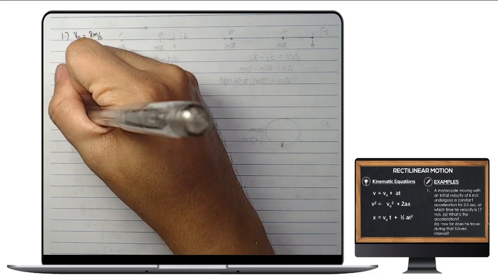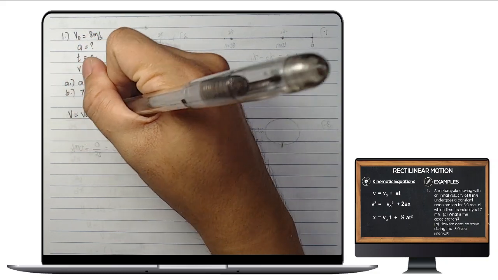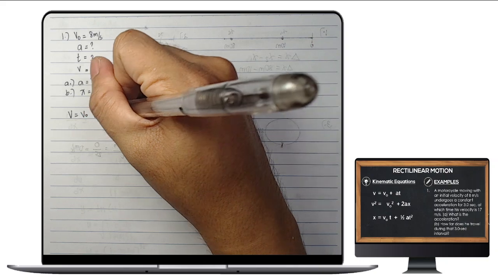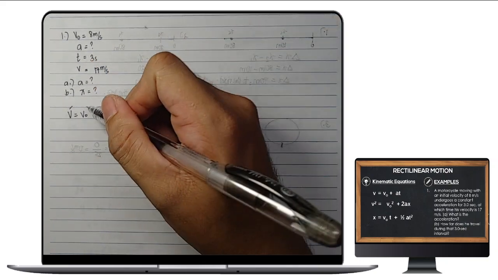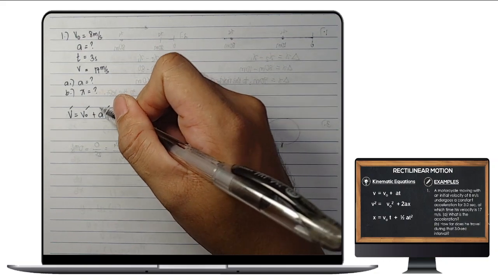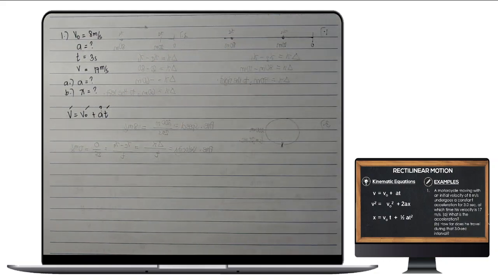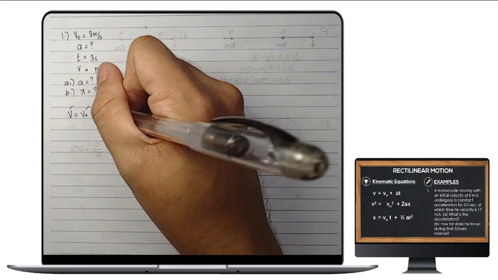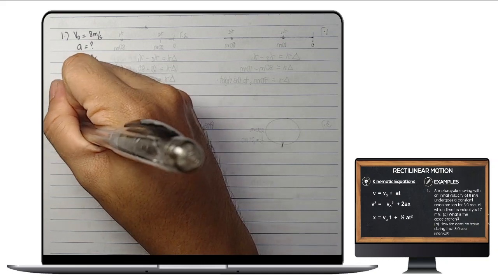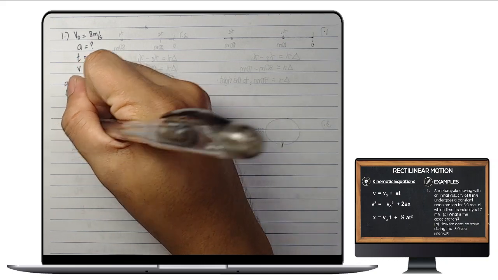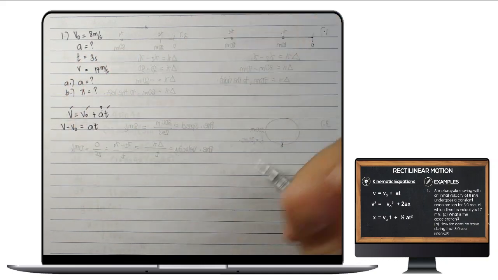We have V is equal to V sub O plus acceleration times time. We have the final velocity, initial velocity, and time, but we do not have acceleration. So, we are going to find acceleration. To derive the formula for acceleration, we just transpose. When we transpose, we will have V minus V sub O is equal to acceleration times time.